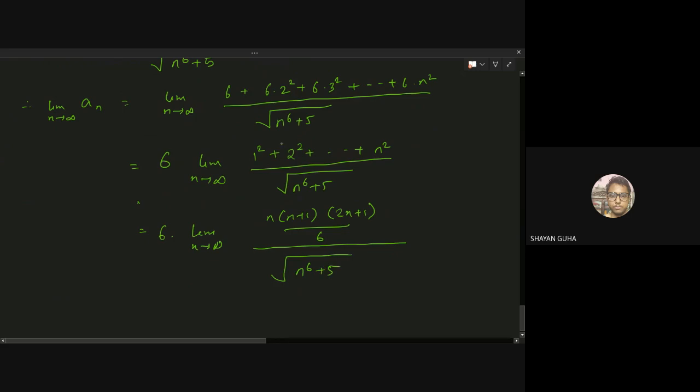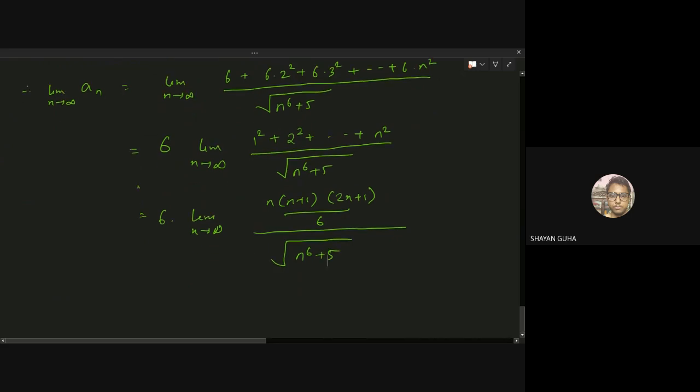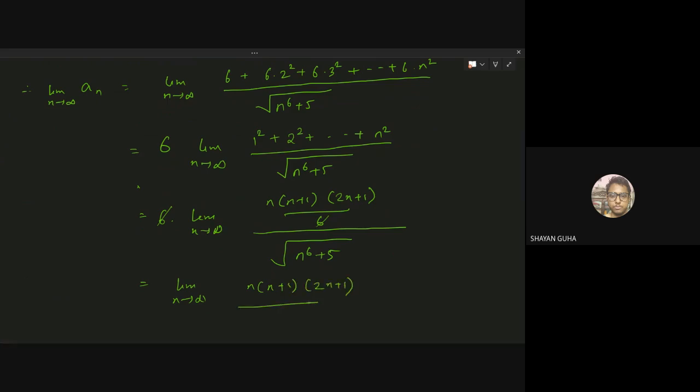Now here we can see that again we have 1 by 6 as a constant and we have another constant 6 outside. So I can easily cancel out 6 and 1 by 6. This will ultimately give me the limit as n tends to infinity of n into n plus 1 into 2n plus 1 divided by root over n to the power 6 plus 5.